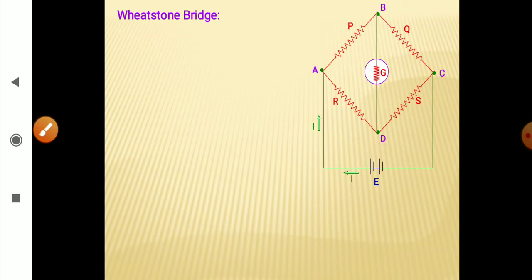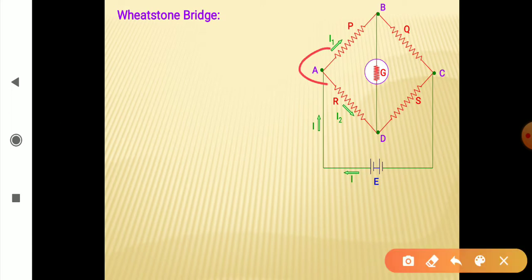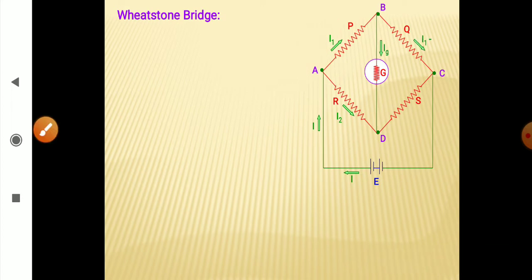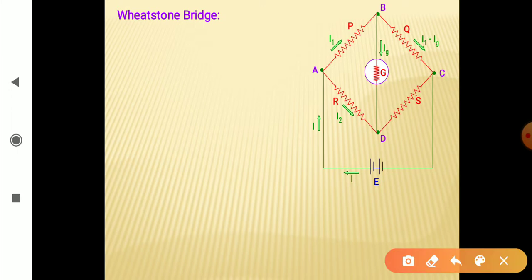Now, the current starting from cell E is I, and at point A it gets divided in two parts as I1 and I2, right? Then at point B it again divides in two parts. You can see current through galvanometer is Ig and the remaining current is I1 minus Ig, right?